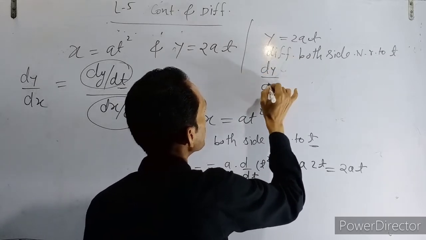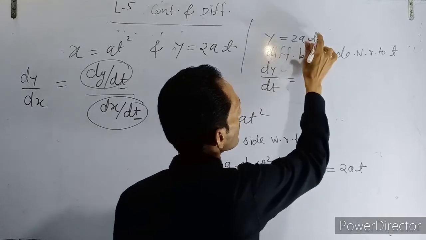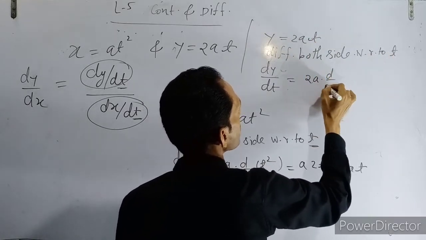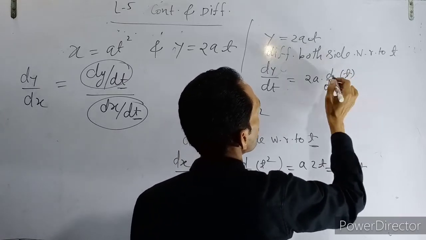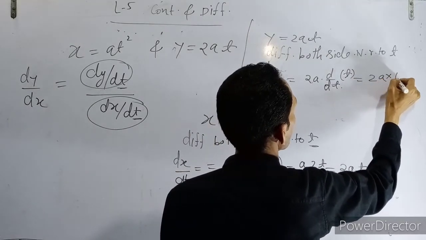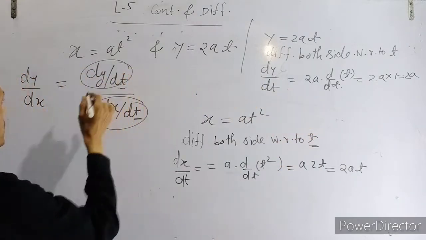dy by dt equal to 2a, which is the constant, and the variable is t. So d/dt of t is equal to 1. That is equal to 2a into 1, which is 2a. Now put these two values here.